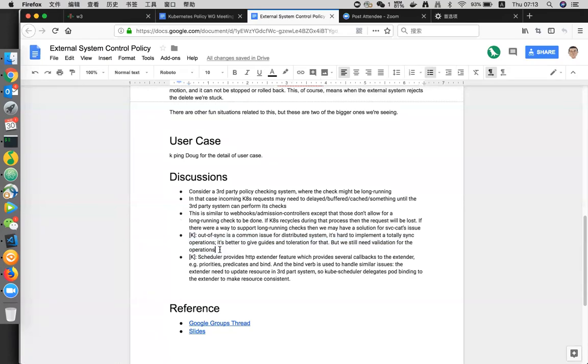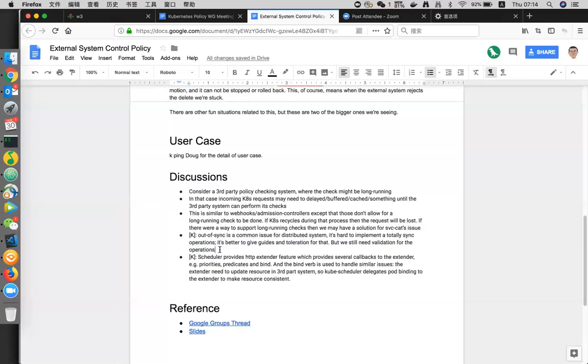I think we also give a bind. For the scheduler, bind means assigning a pod to the host. Maybe last year someone had a comment that in their extender they update the results for a third party system, and they have to align with Kubernetes.